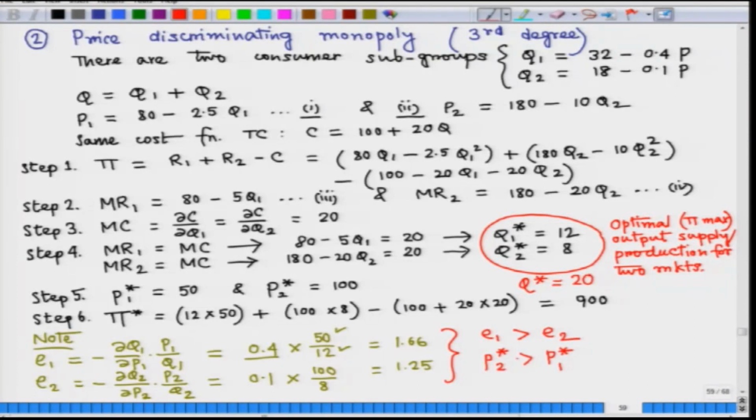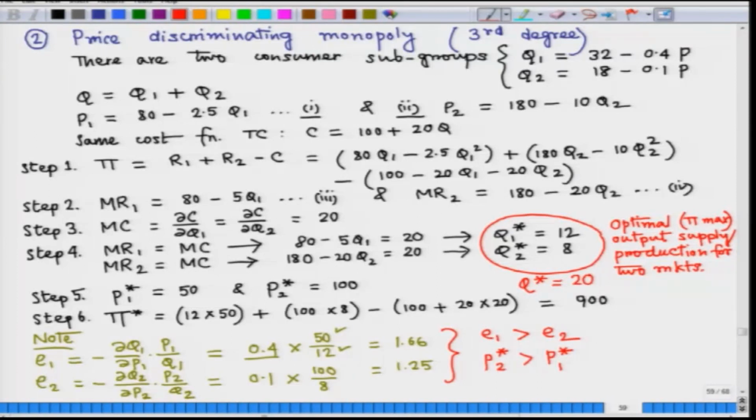So, the price charged in market 2 is greater than the price charged in market 1, but note that in market 1 the price elasticity of demand value is higher.